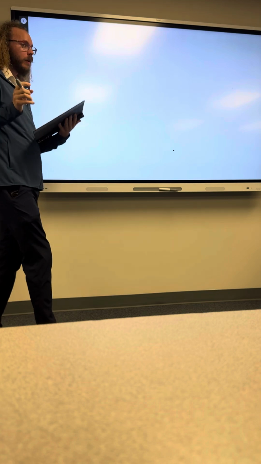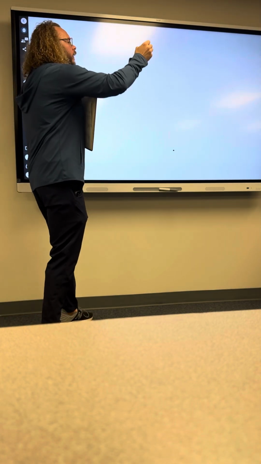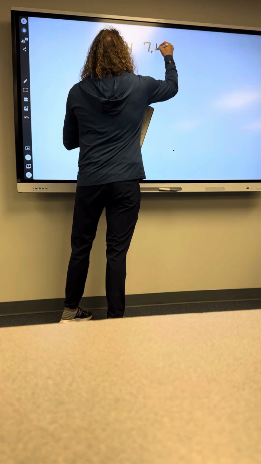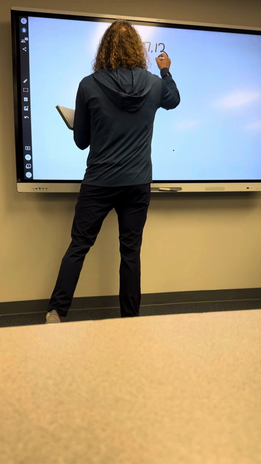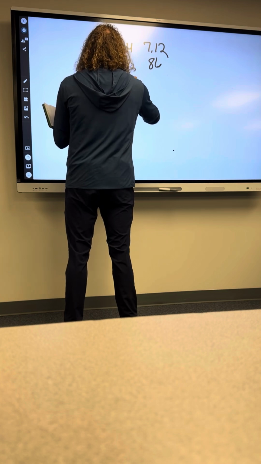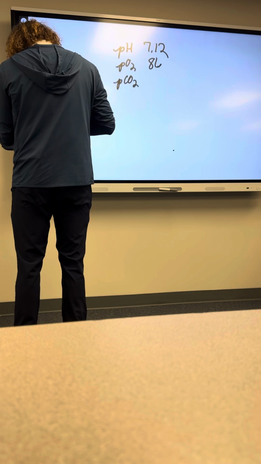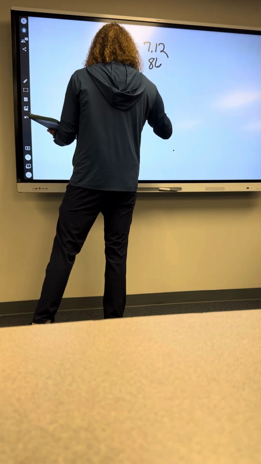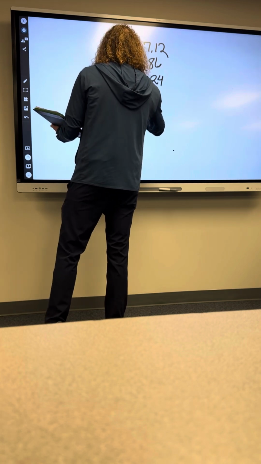Now this next one you think would be tubed, but probably 75% of the time they're not. We've got a pH of 7.12, PaO2 of 86, PCO2 of 24, so it looks pretty similar to the last one.